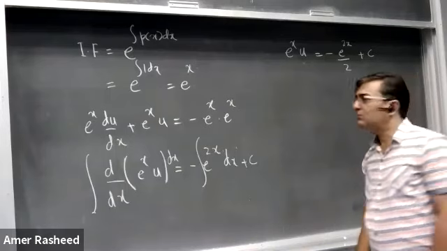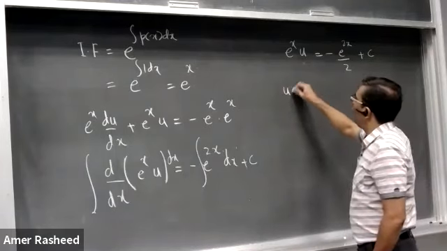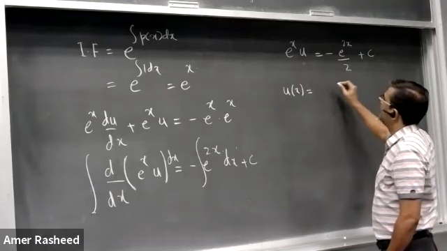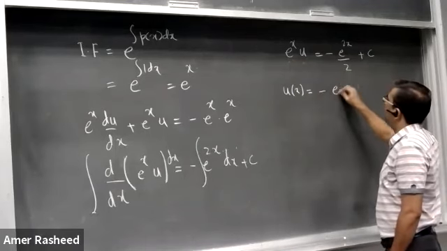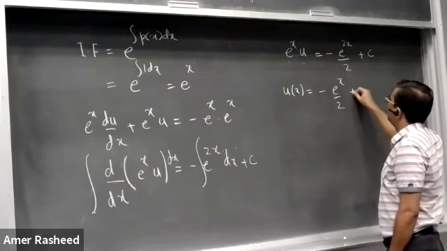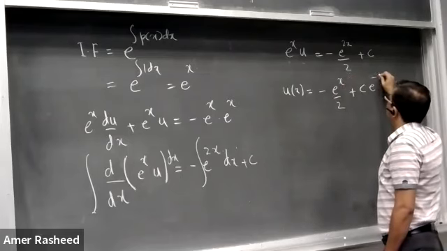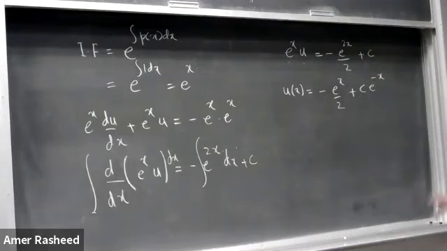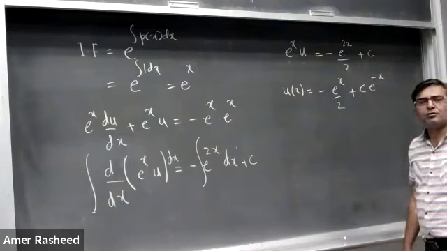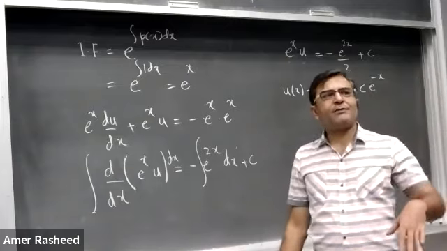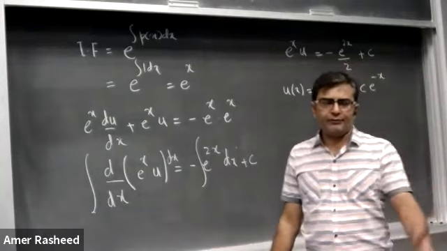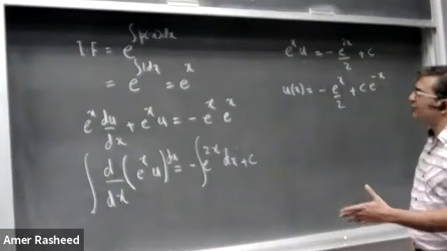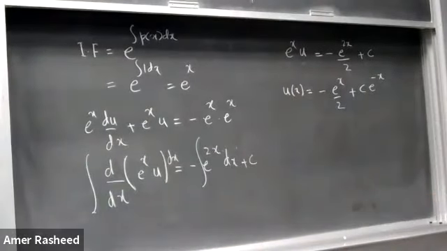Okay. Now, u of x is what? For u of x, you have to divide this thing on the right hand side. It becomes negative e raised power x divided by 2 plus c times e raised power minus x. And you divide by e raised power x on the right hand side. Now, you have to use backward substitution because this answer is in terms of u and x, but you have to find the answer in y and x.